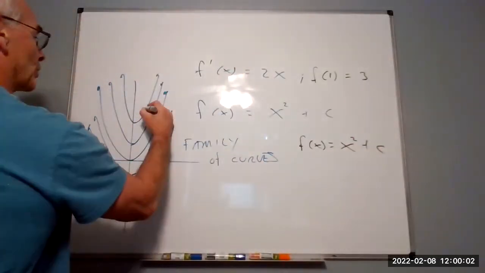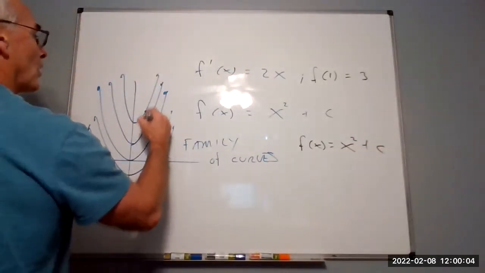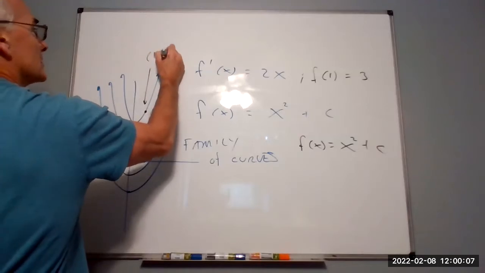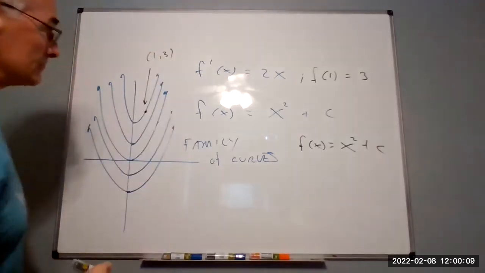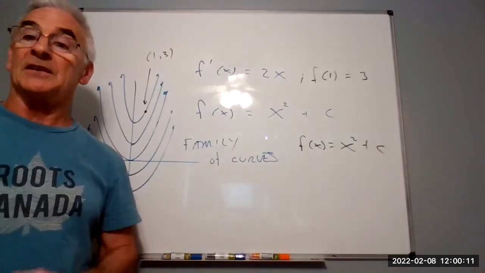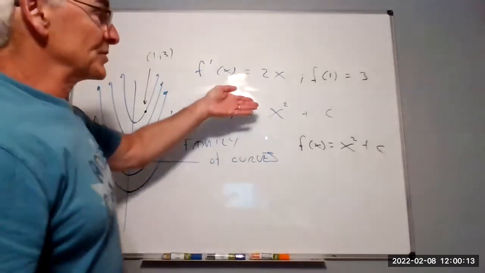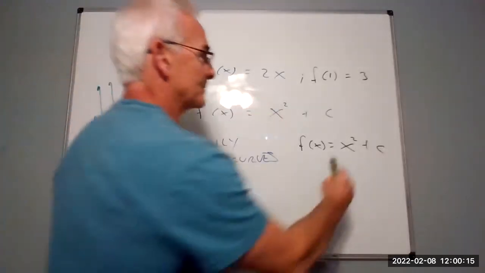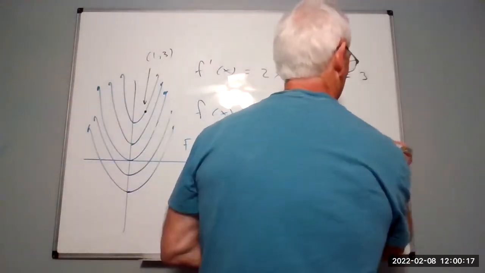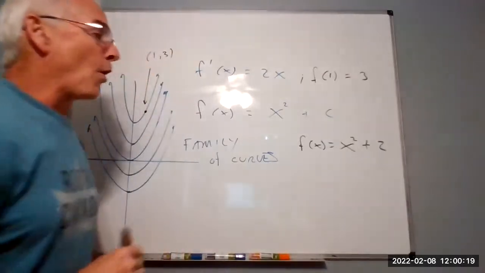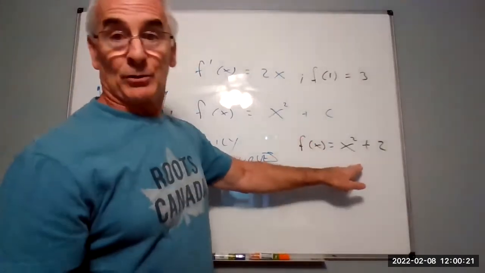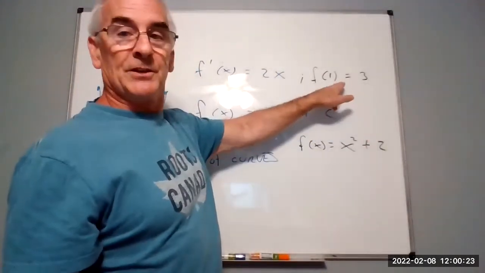So the specific curve, the only one of these curves that passes through the point (1, 3), would be this one, x squared plus 2. That's called a particular solution. The only way I can get a particular solution is to have what's called an initial condition.